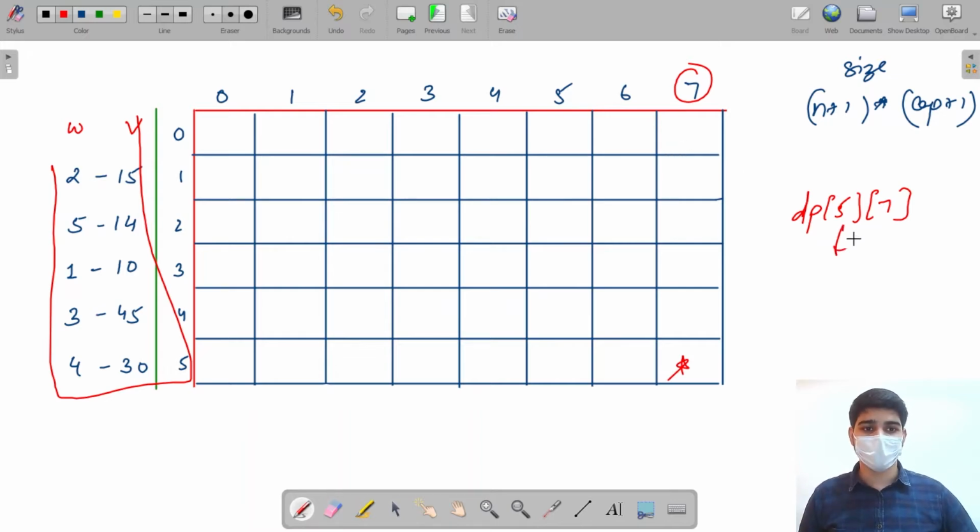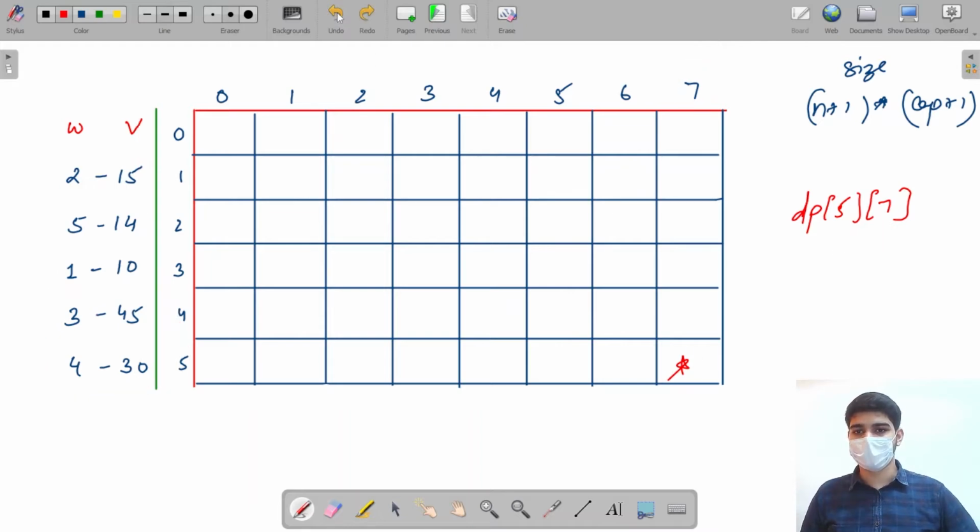So with 5 items and 7 as the capacity, isn't this our question itself? Our question says that for all of these items and the capacity of 7, what is the maximum value that I can generate, right? So this particular point will be my answer, DP of n cap, right? This would be my answer.